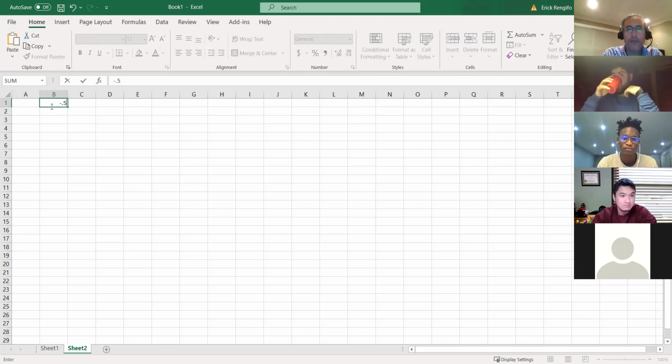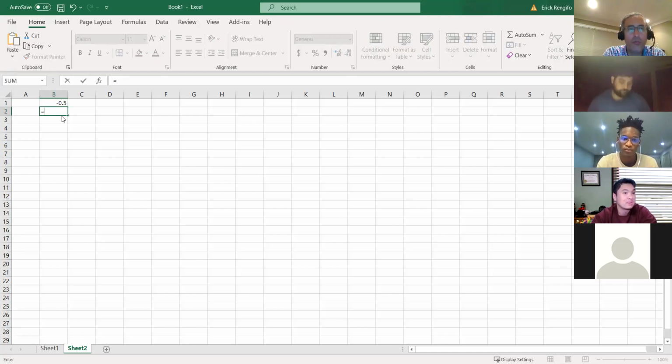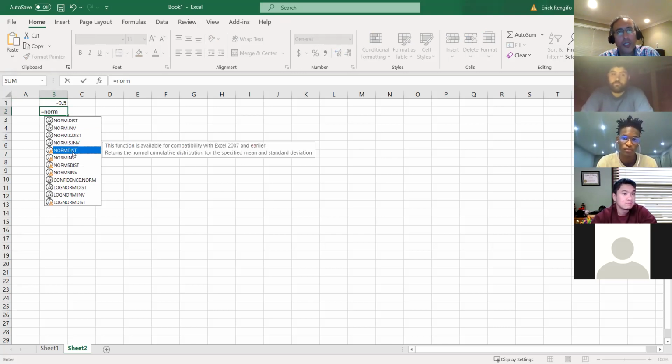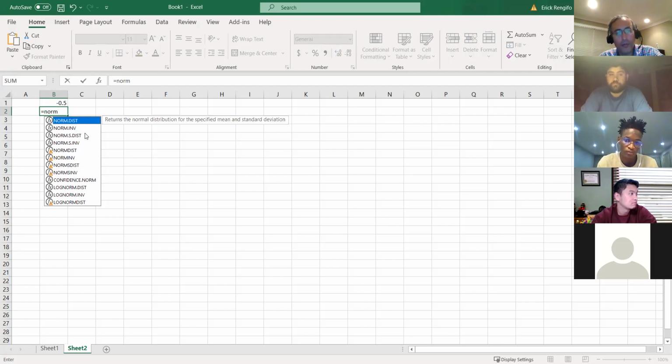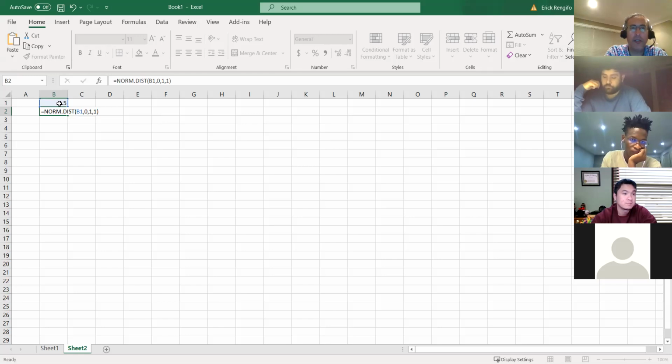And I will use equals NORM.DIST. And where's my NORM.DIST? This one here. And then I do my x. My mean is going to be 0. My standard deviation is going to be 1, and I want cumulative. I will explain all these numbers in a minute.